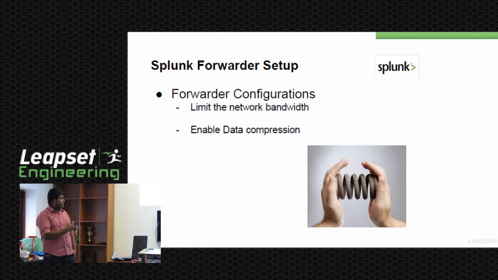To avoid that, we have some configurations to control the bandwidth. We did some evaluations, found a proper bandwidth rate, and configured it for the Splunk forwarder so that normal POS devices won't be affected by that bandwidth usage.